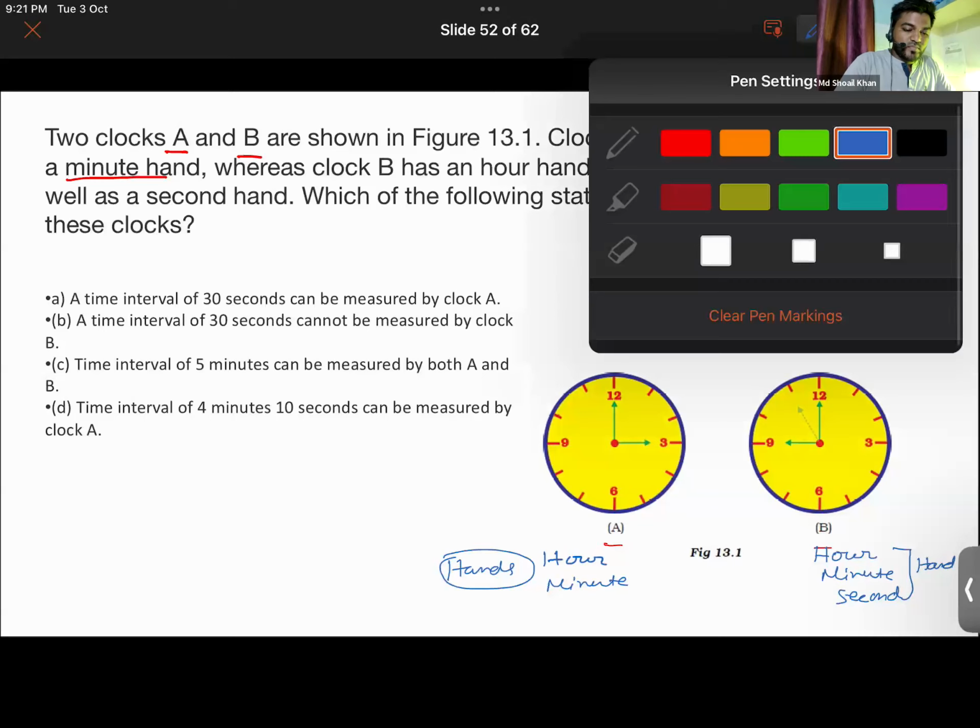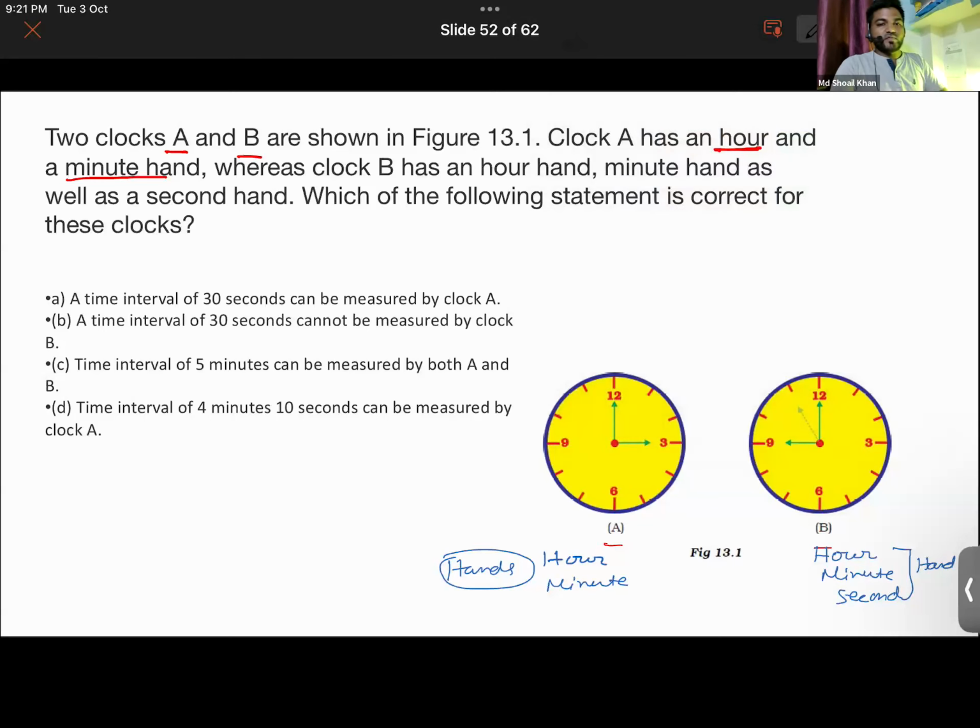Which option do you think would be the correct one here? Option C: a time interval of 5 minutes can be measured by both A and B. Correct, exactly, because both of them have got the minute hand. That's why we can use it to measure the time interval of 5 minutes.